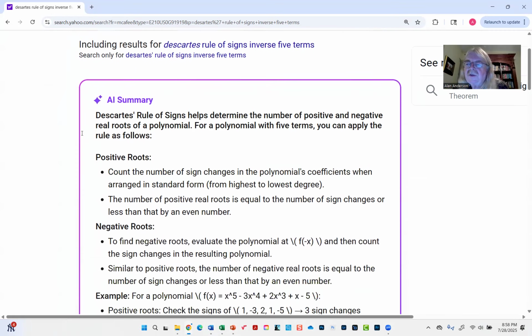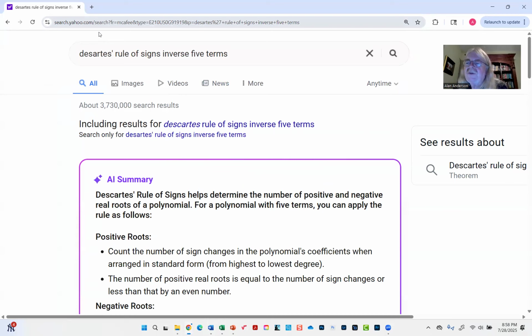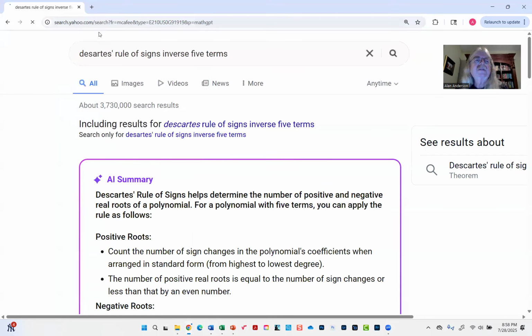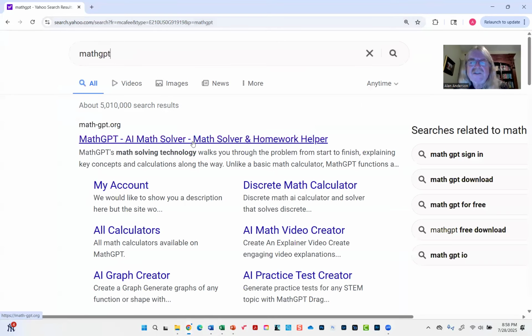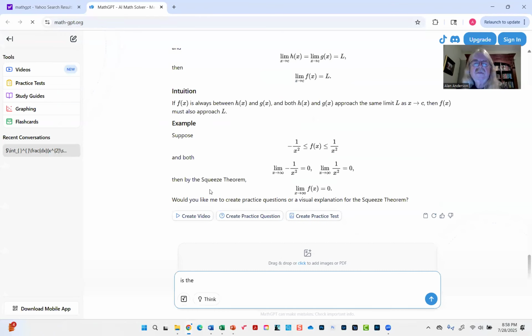By the way, I don't know if you're aware of it or not, but with all this AI stuff that's floating around out there, there actually exists a product, and I'm always the last one to find out about these things, called Math GPT. It's not Chat GPT, it's Math GPT. And it's just like Chat GPT for mathematicians. I say, is there a theorem that shows that a function with five or more terms cannot be inverted?